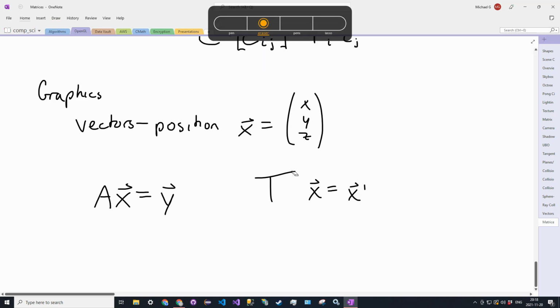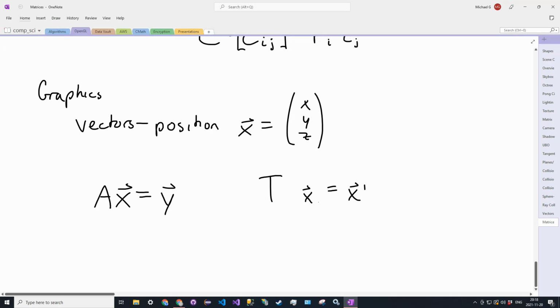And if we look at the dimensions here, we already did this, but if x has n or 3 elements, we want the output to also be in the same space. So this makes sense here, where if we transform a 3D vector, we want it to stay in 3D space. If the output is 3 and the input is 3, then if you stare at this long enough, you're going to see that the transformation matrix has to be a square matrix, and it has to be 3 by 3.